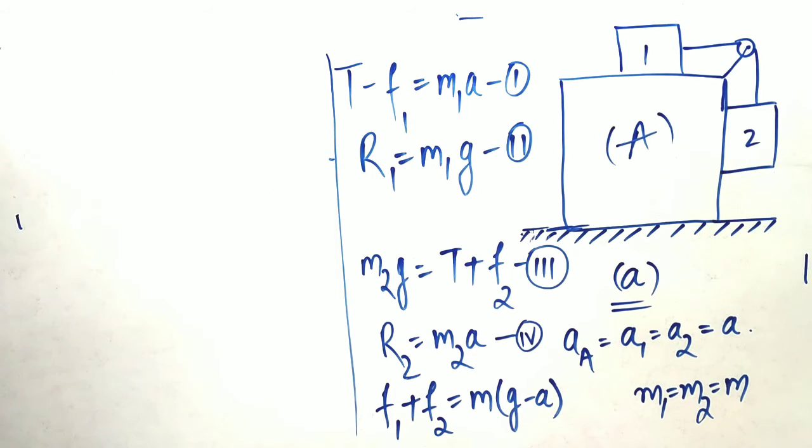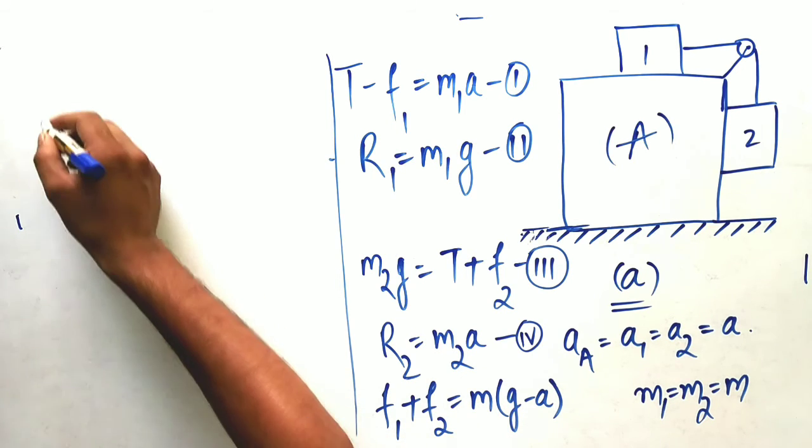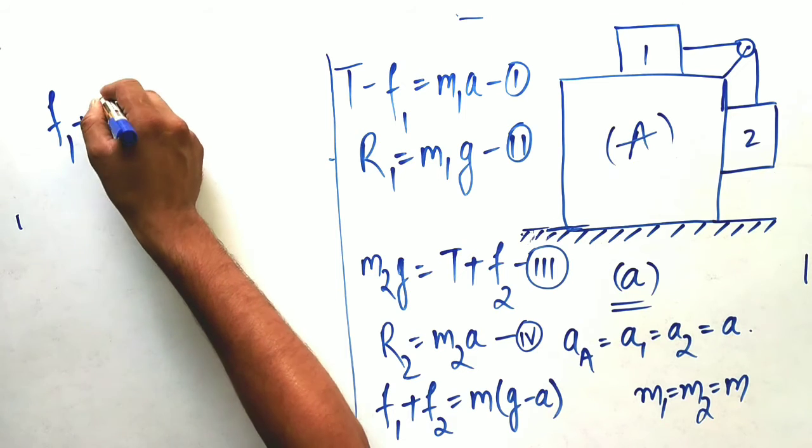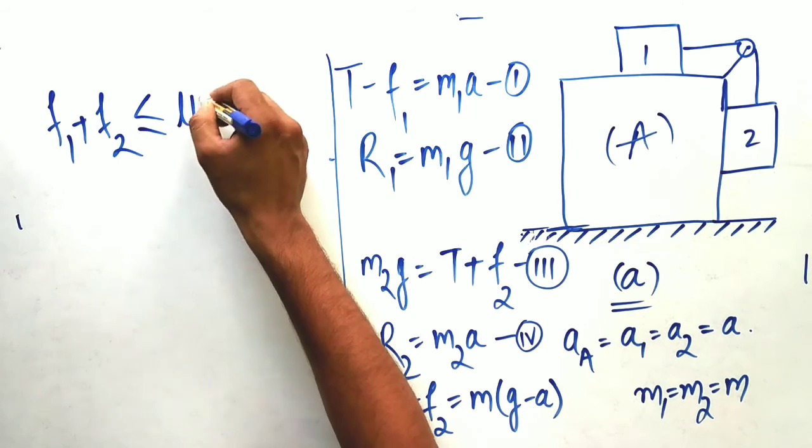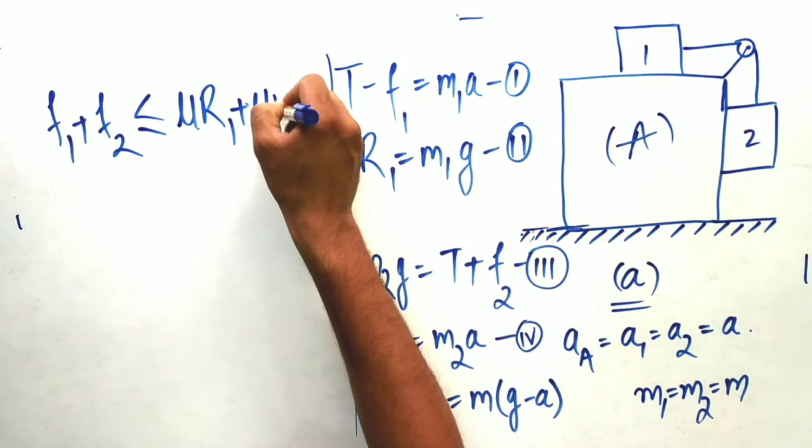Like I said before, the values of friction acting on these two bodies have not reached their limit because we are moving with a minimum acceleration. We'll use this concept to find the value of a. How are we going to do that? See, F1 plus F2 must be lesser than or equal to mu R1 plus mu R2.